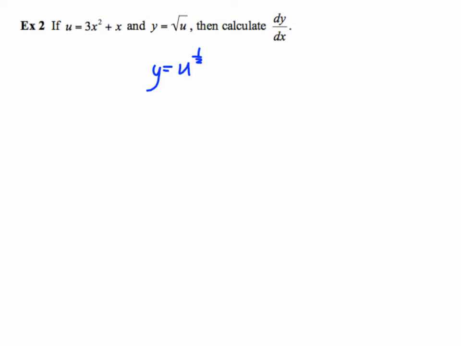You can see here in this example that u equals 3x squared plus x, y equals the square root of u, and I'm being asked to calculate the derivative of y. So dy over dx is another way of writing differentiate y. So take the derivative of y. Well, y equals the square root of u is actually y equals u to the 1/2.